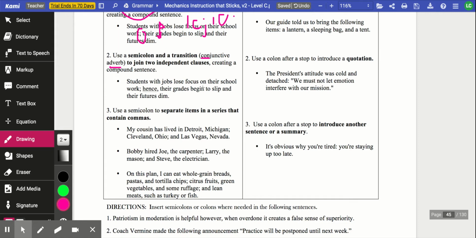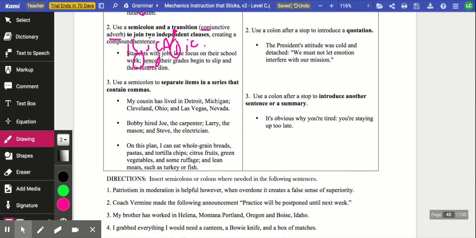Students with jobs tend to lose focus on their schoolwork; hence, their grades begin to slip and their futures dim. So we have a semicolon, a conjunctive adverb, which is just a fancy word for transition, folks, and a comma between our two ICs. Please don't forget about that comma.